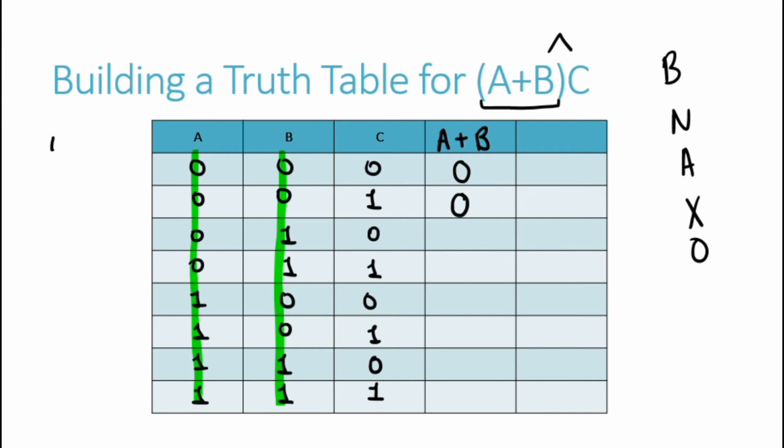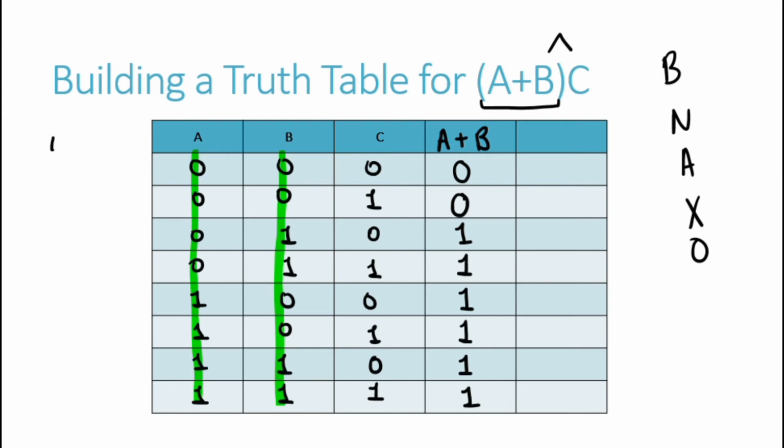Third row, 0 plus 1 is 1. Fourth row, 0 plus 1 is 1. And we're just going to flip it, 1 plus 0 for the 5th and 6th, and still get 1s for the output. And for the 7th and 8th, 1 plus 1 is 2, which will be 1. And same for the last row.